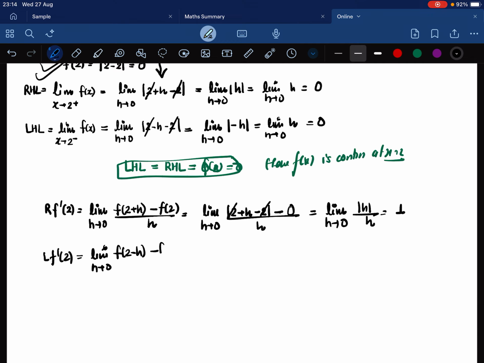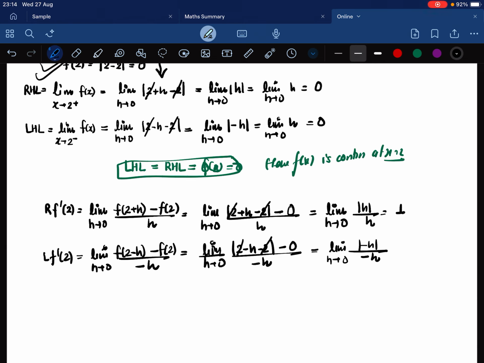Let's calculate the left hand derivative at 2. Limit h tends to 0 of [f(2 - h) - f(2)] divided by -h. So it is |2 - h - 2| minus 0 divided by -h. The 2 will get cancelled. Limit h tends to 0 of |-h| divided by -h.